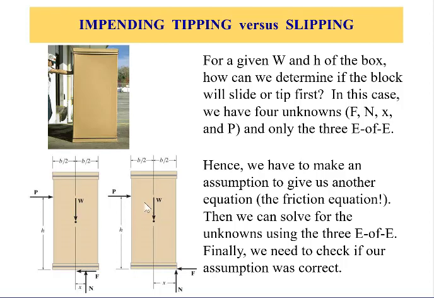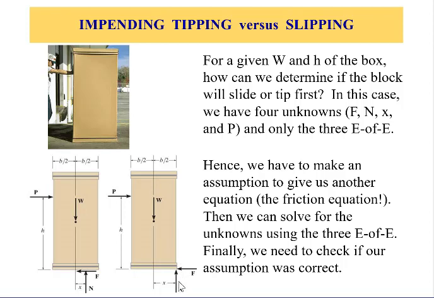However, in tipping, the object will tip about the corner, meaning the corner acts as a pivot, and therefore we have two forces: the friction force, which is horizontal, and the normal force, which is perpendicular.